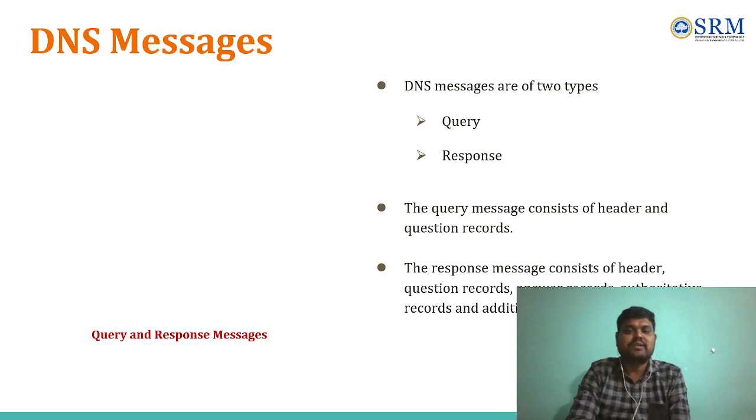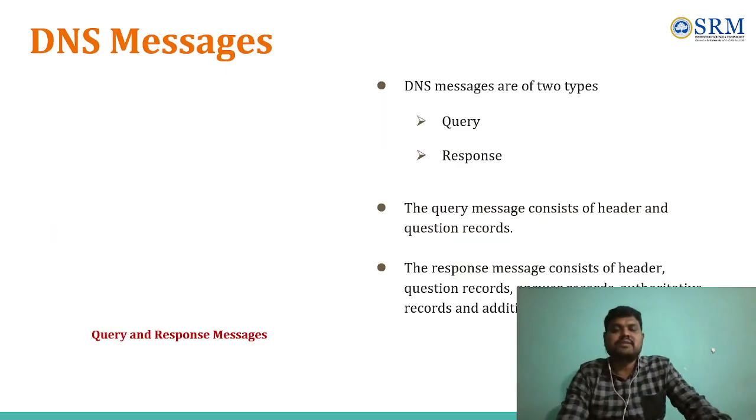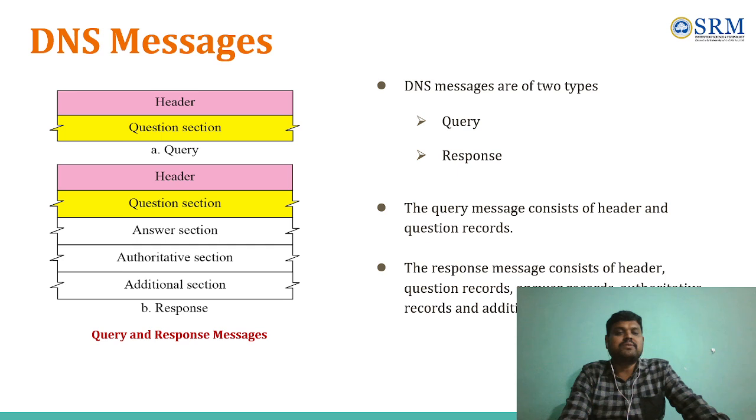DNS messages are based on the query response or client server architecture. The query message consists of a header and question records. The response message consists of a header, question records, the answer for the particular question, and authoritative records. So the query message consists of only two parts: header and question section.